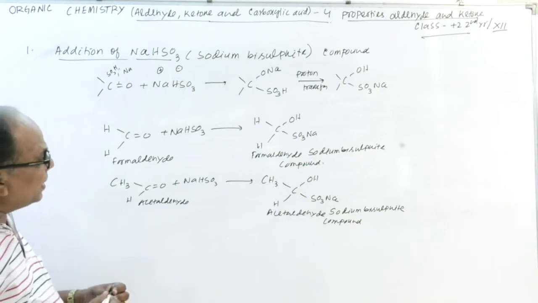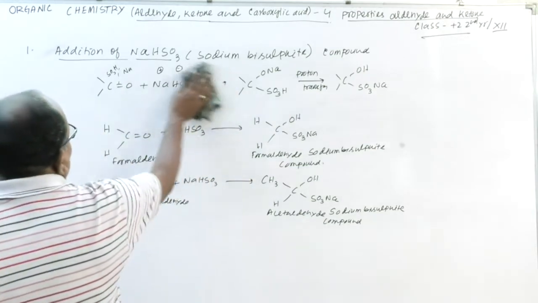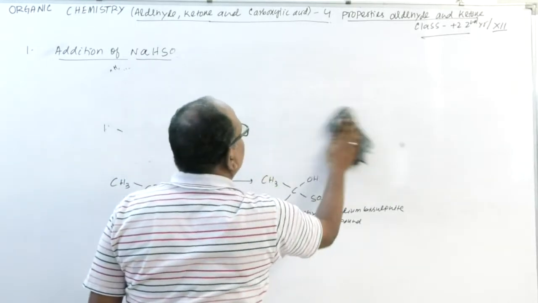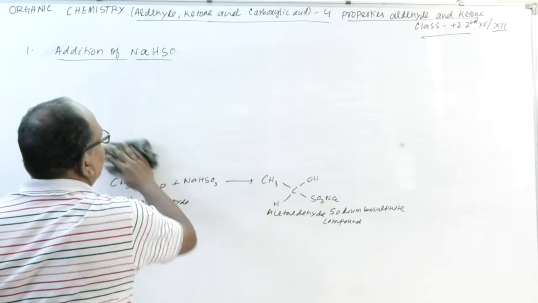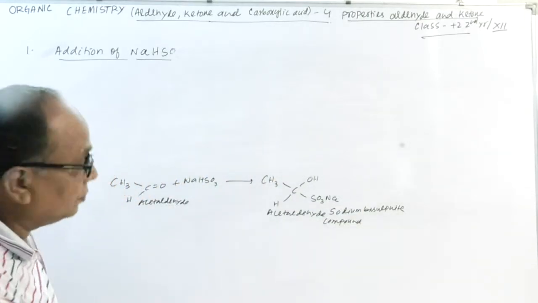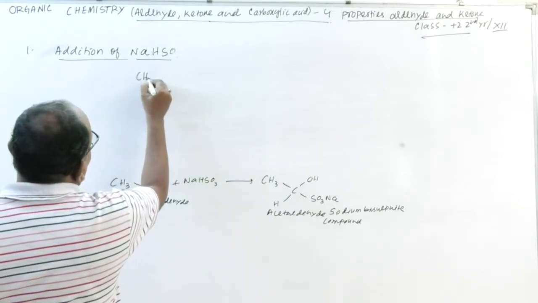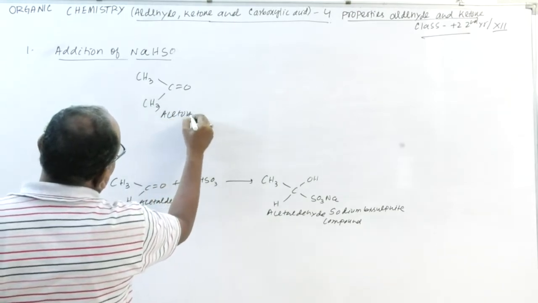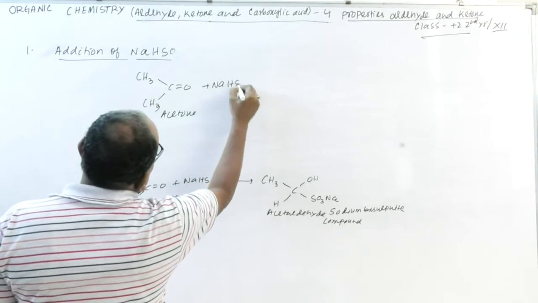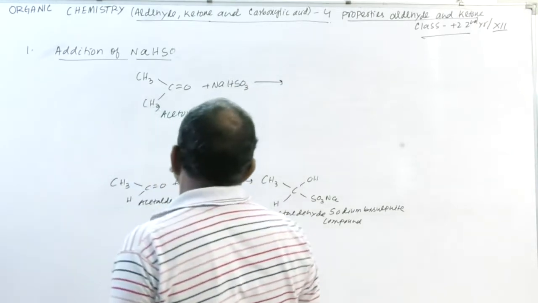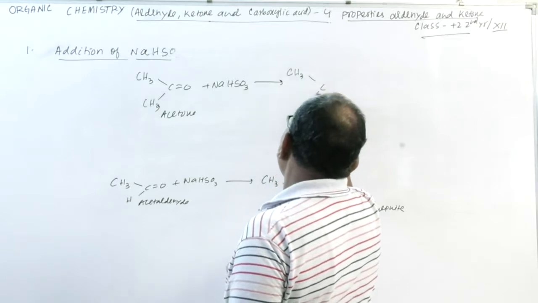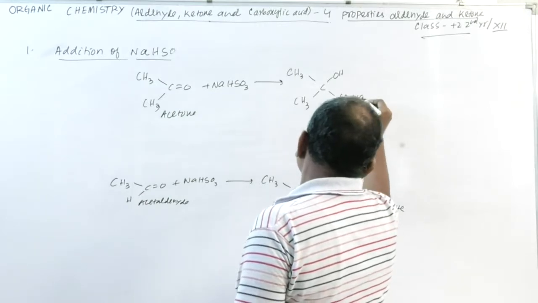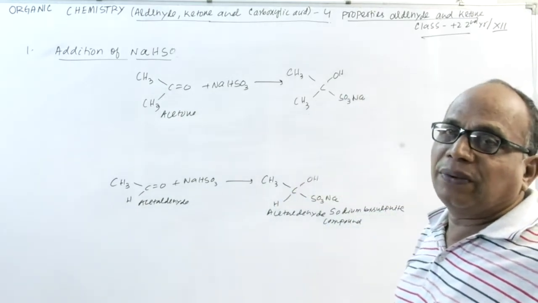Okay, students, if you take acetone, you will get almost the same type of product. Suppose you take acetone plus sodium bisulfite compound, that gives you acetone sodium bisulfite compound.